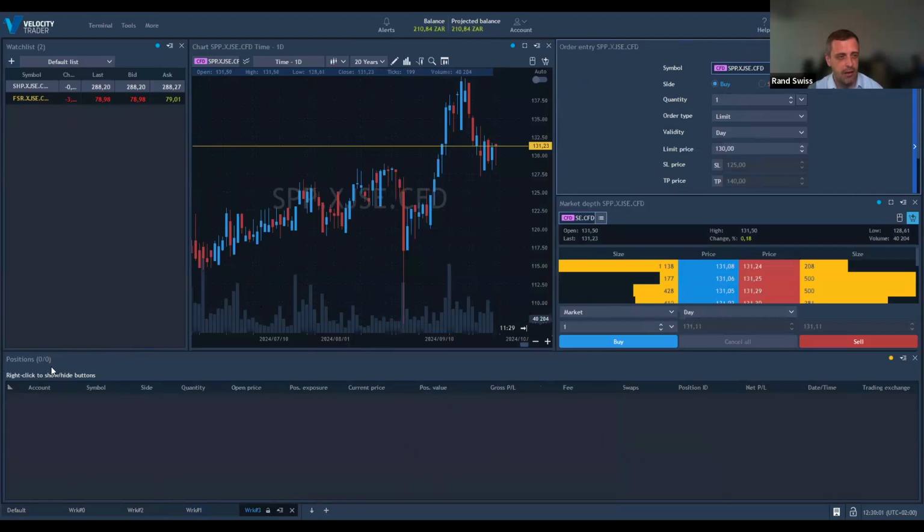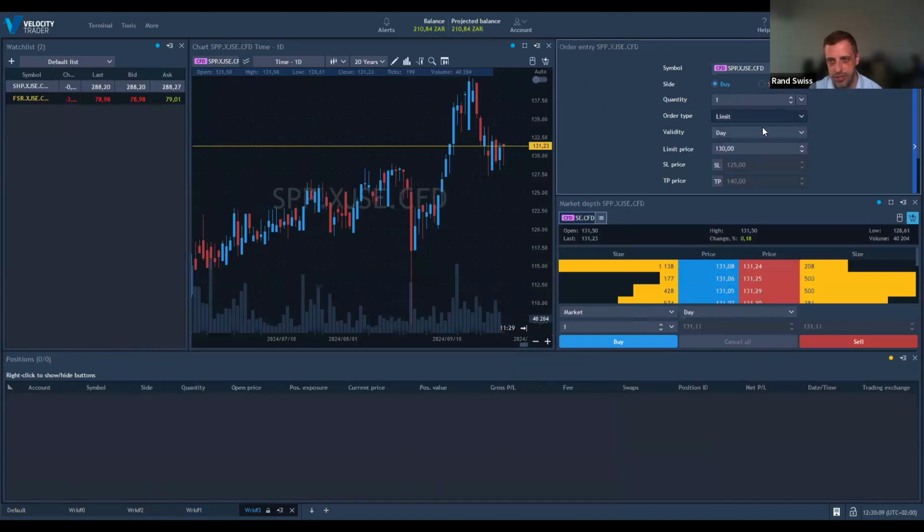So positions tab. What is the positions tab? The positions tab is, let's imagine I now went in at market. I didn't choose limit. I went in at market and I bought whatever amount of SPAR CFDs. Because I went in at market, it will trade immediately.